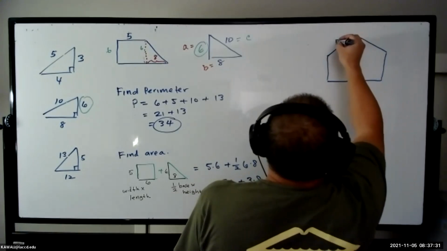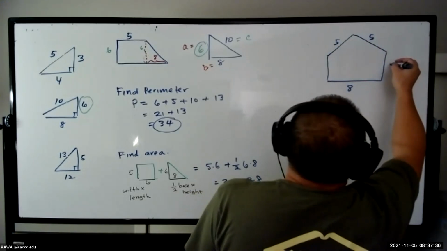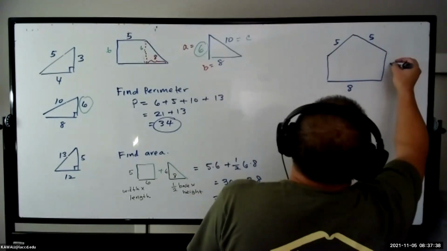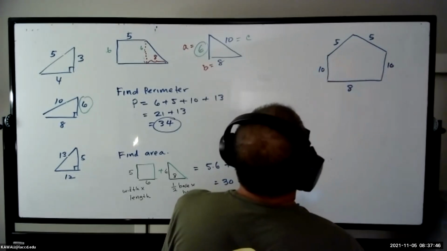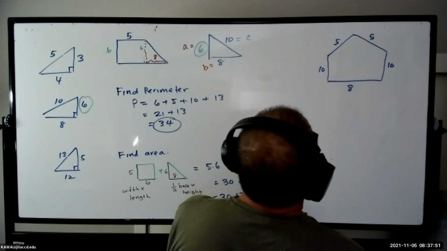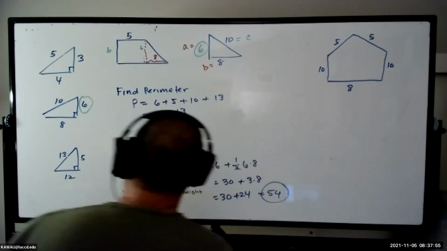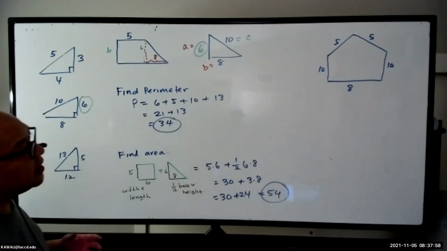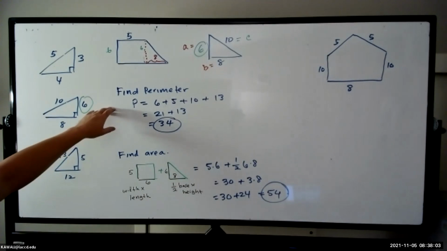And it goes 5, 5, 8, and then we'll make this 10 and 10. Okay. Now, what we want to do is find the same thing. We want to find the perimeter, and we also want to find the area.